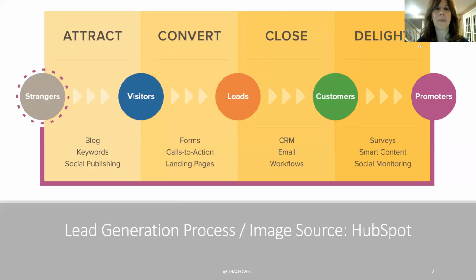You can also think of them as promoters. What is really important is that this lead generation process is really four distinct segments. First you have to attract the visitor, then convert them from that visitor to a lead, close that business, and then surprise and delight.